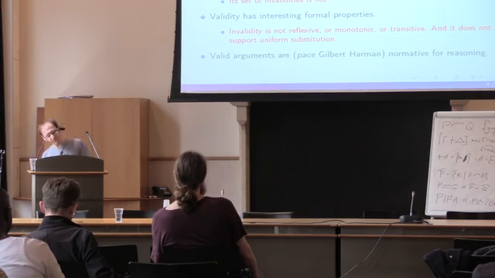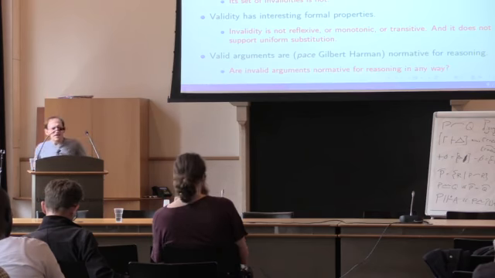And fourth, this is a bit more controversial. I gather that most philosophers would agree that valid arguments are normative for reasoning in some way, even if it is hard to specify in which precise way they're normative for reasoning. I don't know, but I think most people would agree that they are.